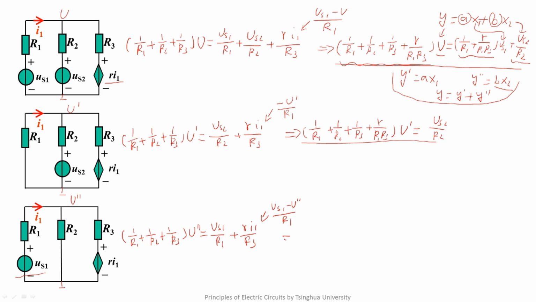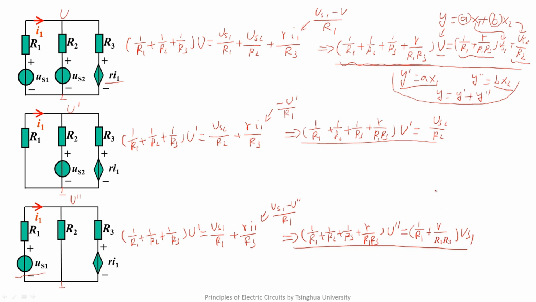By putting the equation in order, we get 1 over R1 plus 1 over R2 plus 1 over R3 plus R over R1 R3 times U double prime equals 1 over R1 plus R over R1 R3 times US1. You see, the equation is just y prime equals a times x1.